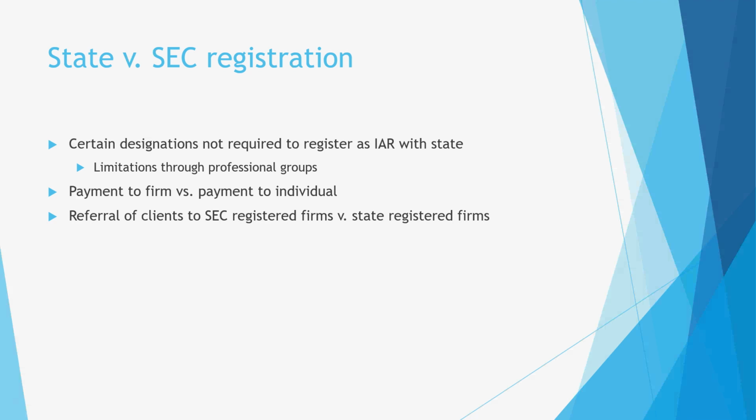So while the law of a particular state like Massachusetts or Pennsylvania will allow these designation holders to engage in solicitation activities without being registered or without passing an examination, you then also have to consider what a bar association, for example, says about what the lawyer is allowed to do generally.